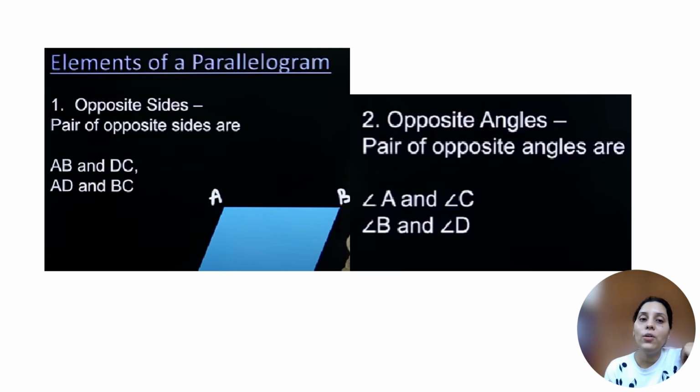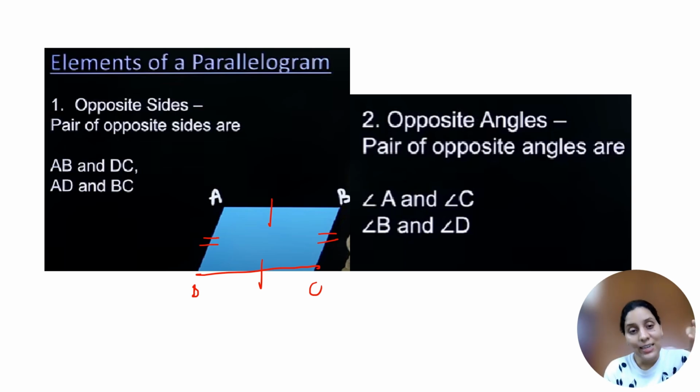In a parallelogram, the opposite sides are AB and DC. Adjacent means side by side, whereas opposite means they are opposite to each other. So AB and DC are opposite to each other. Similarly, AD and BC are opposite to each other. In a parallelogram, all opposite sides are parallel.